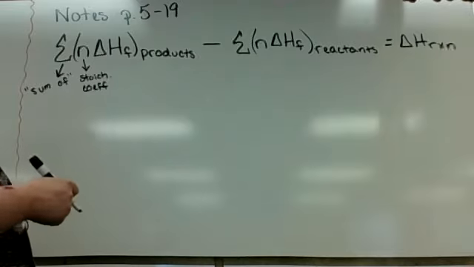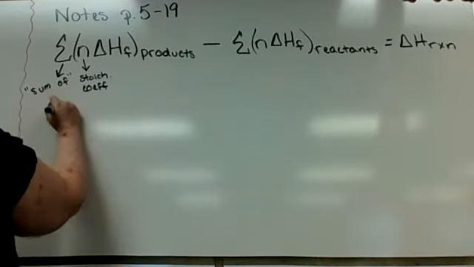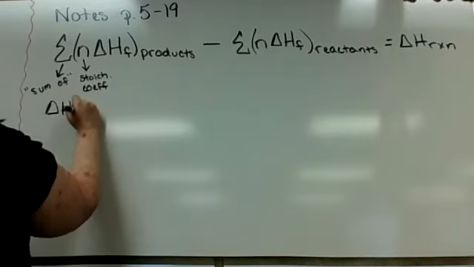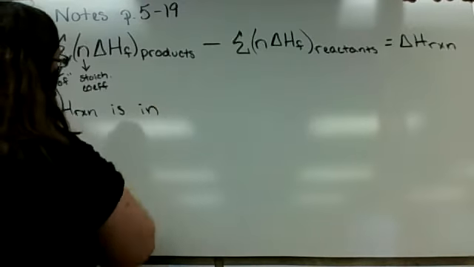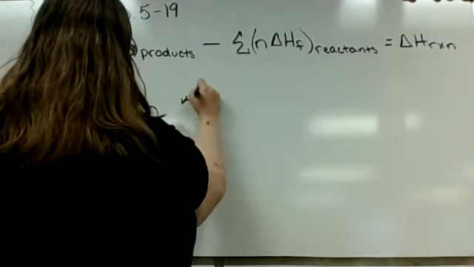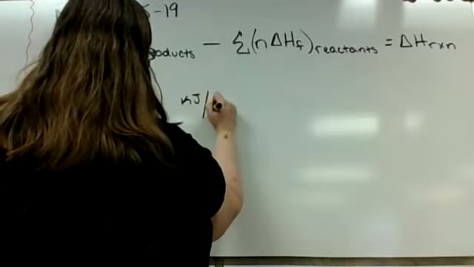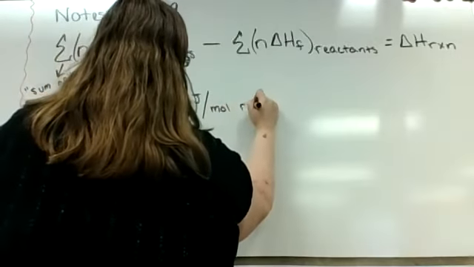So that gives you delta H of reaction, and delta H of reaction is in joules or kilojoules per mole of reaction.